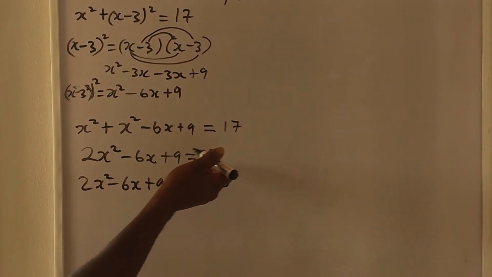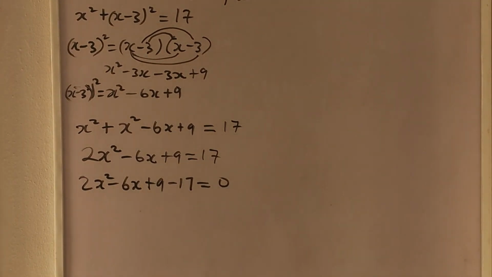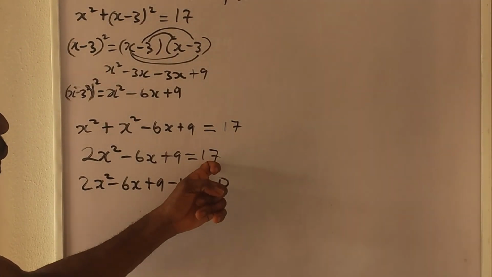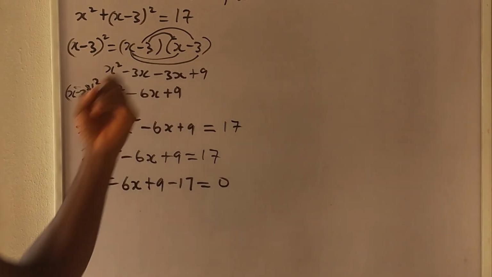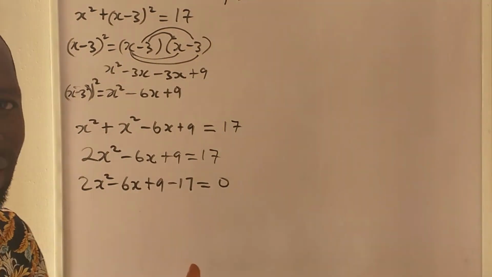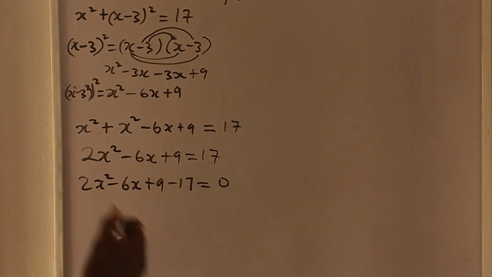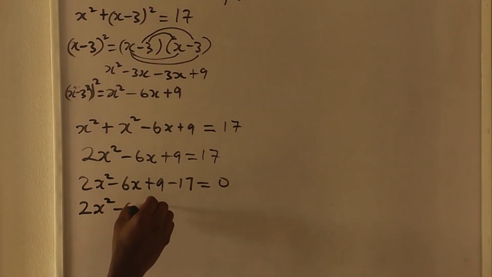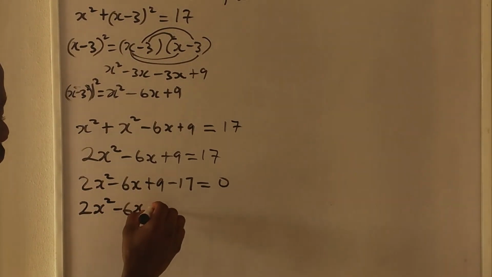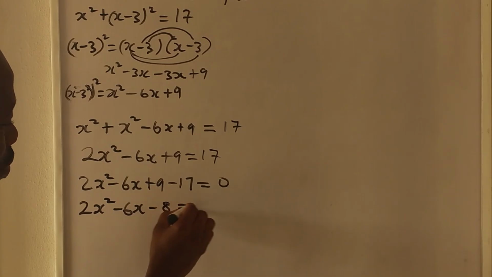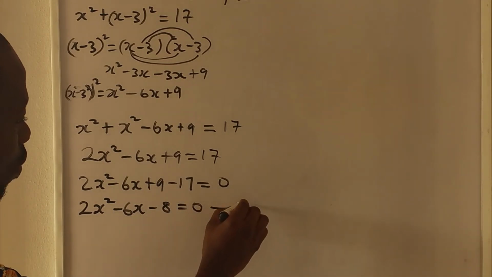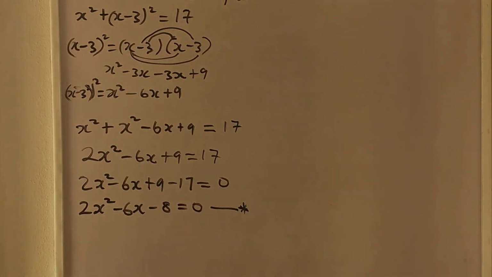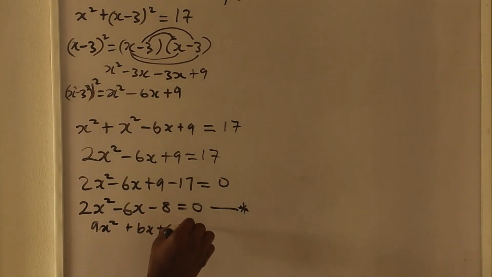You can also say subtract 17 from both sides, but I've always said when you are taking a figure from one side of the equation to the other, you just change the sign. It's allowed. So this gives us 2x squared minus 6x plus 9 minus 17, which is minus 8, is equal to 0. This is our quadratic equation, giving us the format ax squared plus bx plus c is equal to 0.